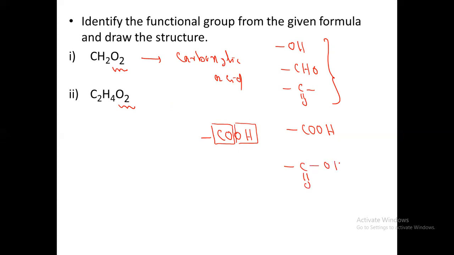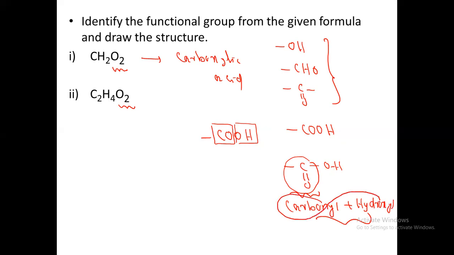CO is called the carbonyl group. Both aldehydes and ketones have this carbonyl group, C double bond O. OH is called the hydroxyl group. Since they are together, it becomes carbo from carbonyl and HYL from hydroxyl, so it becomes carboxyl.